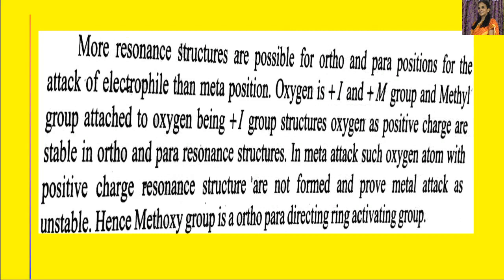Now, let's see. For the attack of the electrophile at the meta position, we have discussed, oxygen is a plus I and plus M group, and the methyl group attached to oxygen is a plus I group. The structures in which oxygen has a positive charge are stable in ortho and para resonance structures.